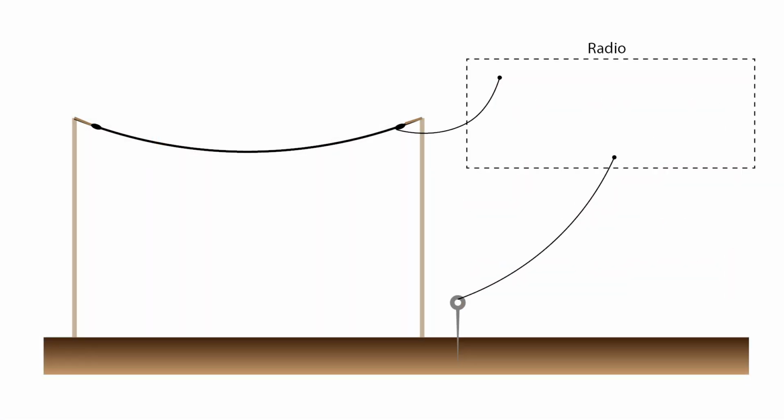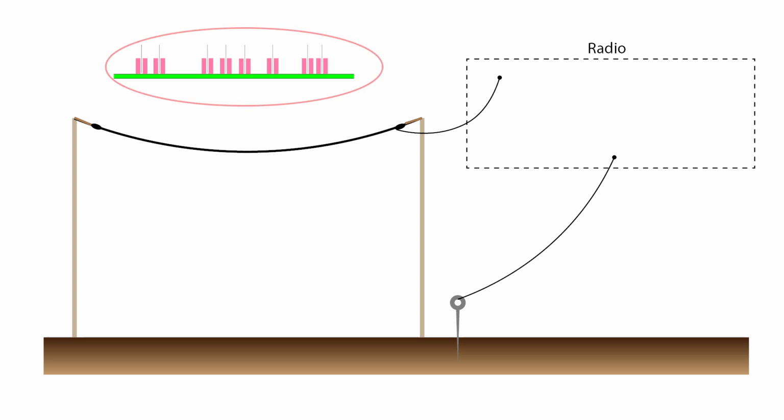Okay, so now we have the means to receive radio signals, but we have another problem to solve. If you have several radio stations in range, the antenna is going to intercept the frequencies from all of them. And if you want to listen to just one radio station, then you need a way to filter out the frequencies you don't want.